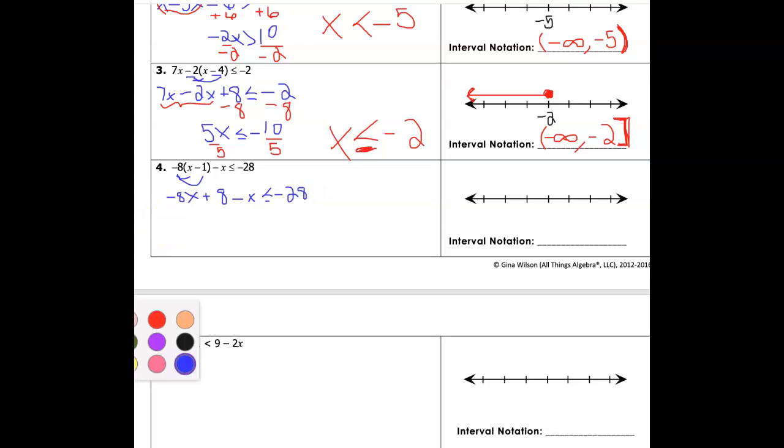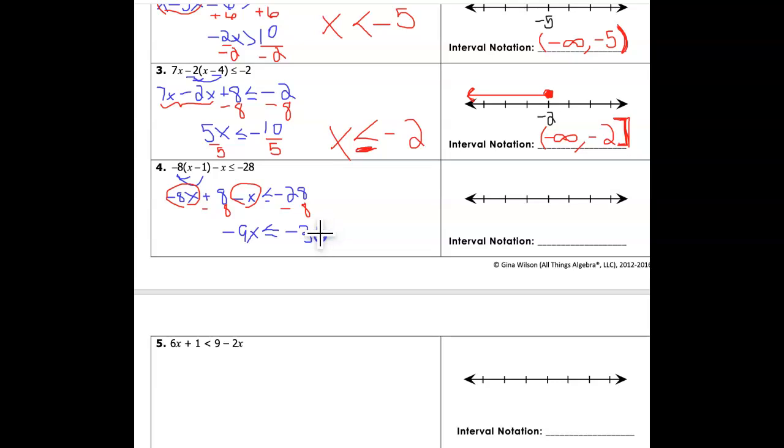And then we'll go through, we'll start solving. So subtract 8 from both sides. All right, at the same time, I'm going to combine my like terms. So I have -8 and a -1. That'll be -9x. That's less than or equal to -36.